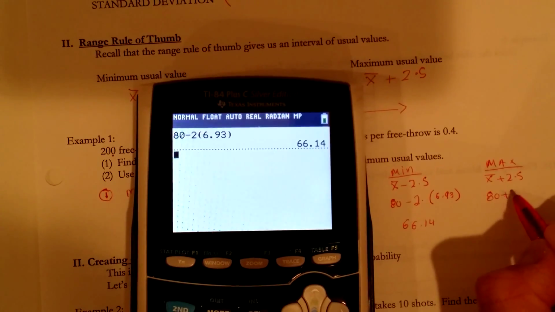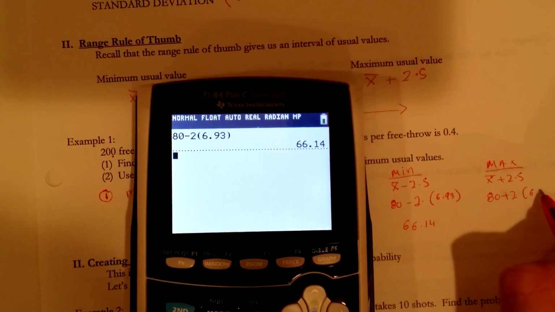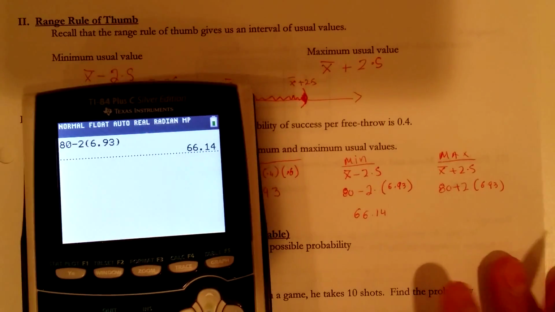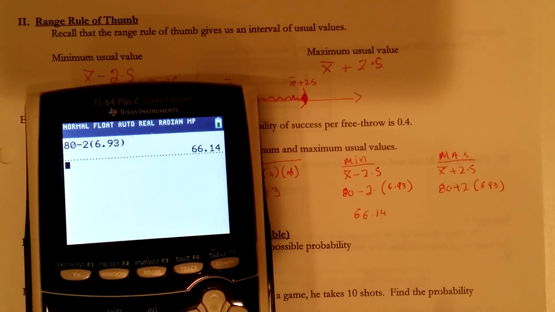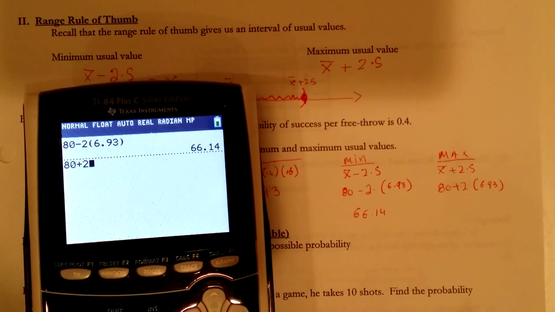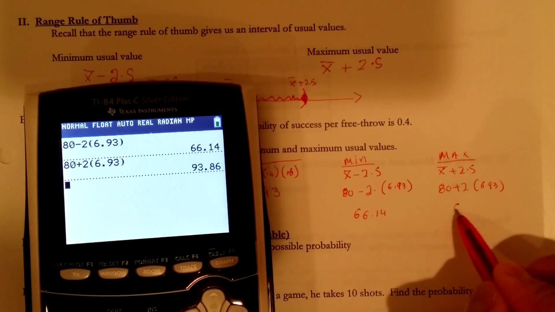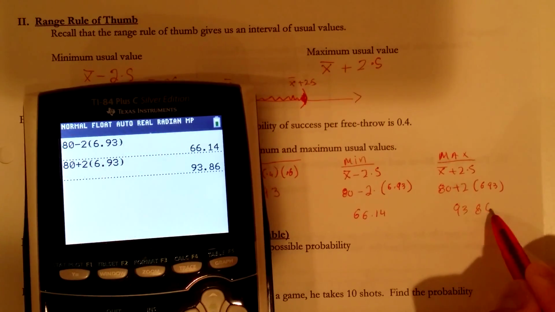And the maximum acceptable value is found by taking the average plus 2s. 80 plus 2 times 6.93, because that's what S is. Let's see, we take 80 plus 2 times 6.93. That brings us to 93.86.